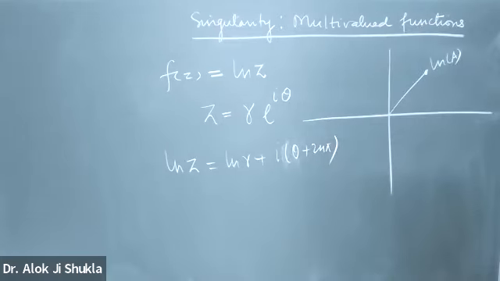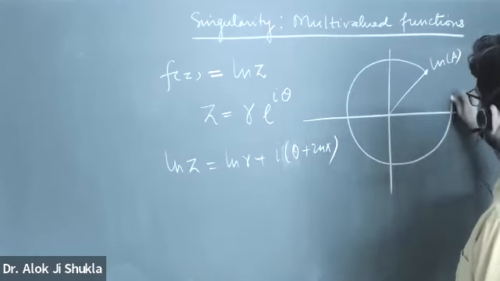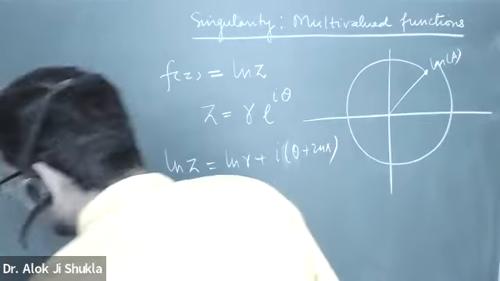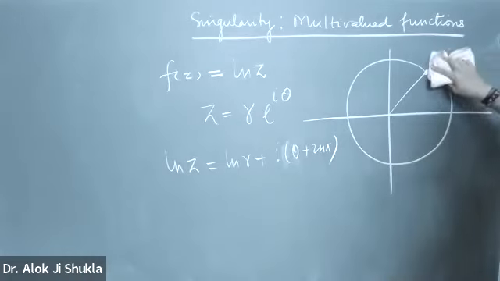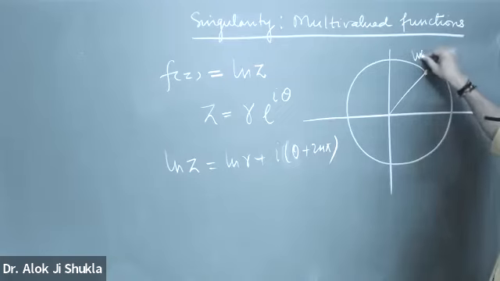So now if I take one full circle, I end up at a different point. Please see this. This was a point corresponding to say log of a, and now this is another point.